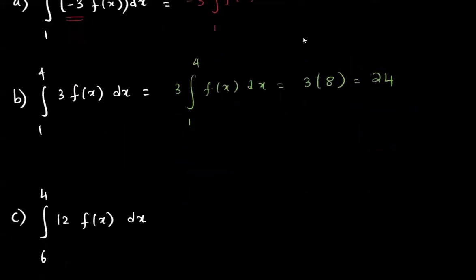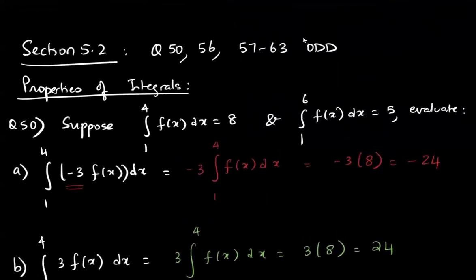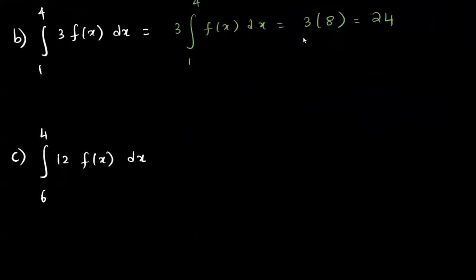Then in the next one, we are asked to find the integral from 6 to 4, and let's see what we are given. We are given 1 to 4 and 1 to 6. So what we know is that if you have the integral 1 to 6 of f of x dx, 1 is here, 6 is here, and then 4 is somewhere here.